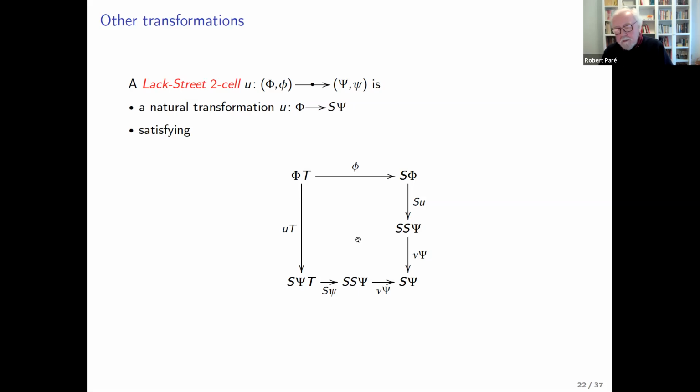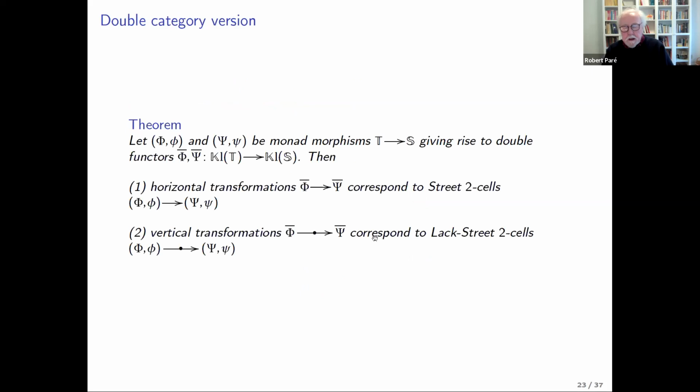So the double category take on this is that if you have two monad morphisms, which give us double functors now between the Kleisli double categories, then the horizontal transformations correspond to the Street two cells, and the vertical ones correspond to the Lack Street two cells.